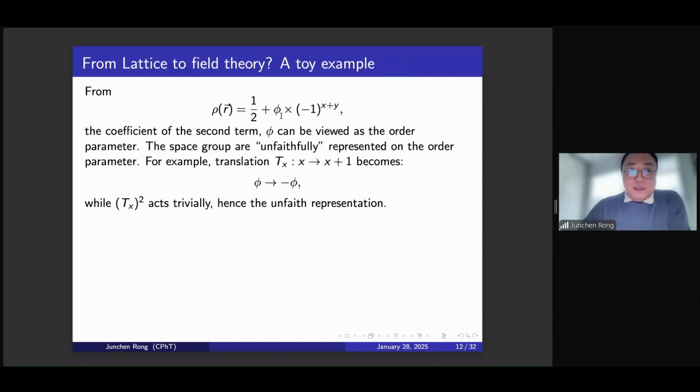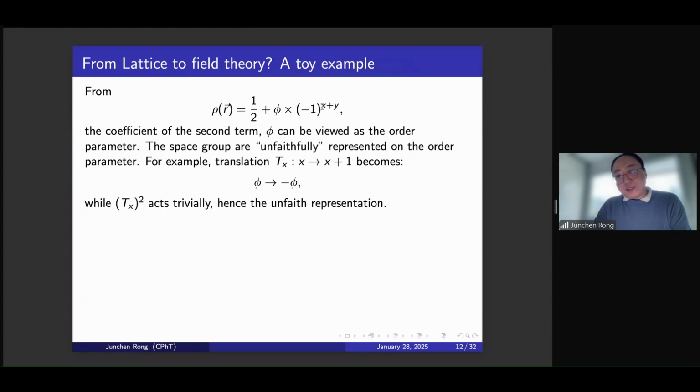The point is that on a lattice, we have a lot of symmetries. The space group is given by translation and rotation, but this is discrete translation. This space group is unfaithfully represented on the order parameter. What do I mean by that? It means, let's see, translation along the x direction, which is basically x goes to x plus 1, and you just pick up a minus sign, right?